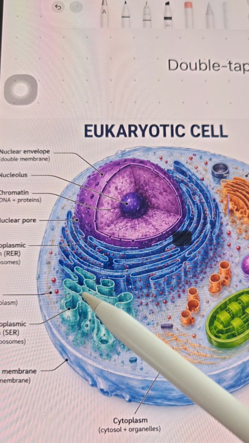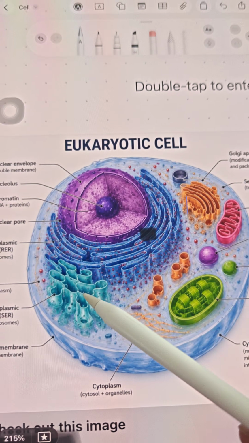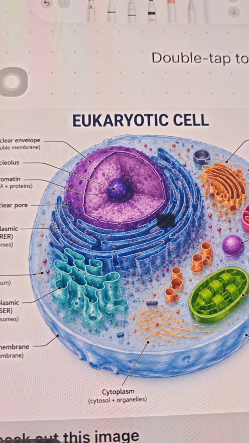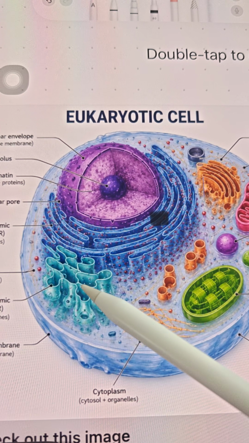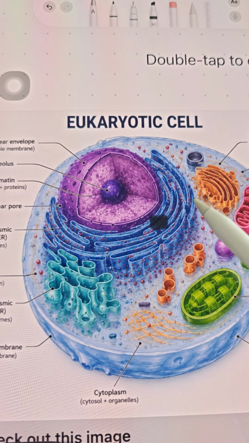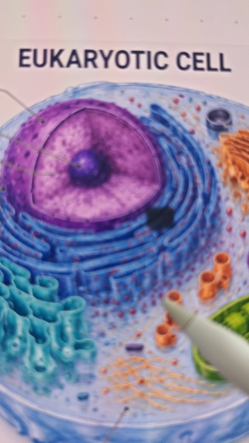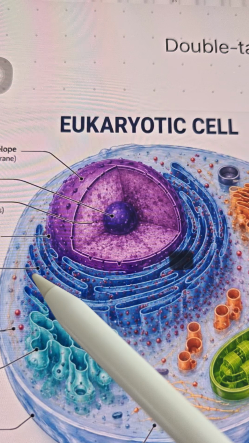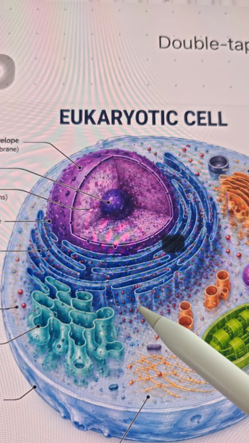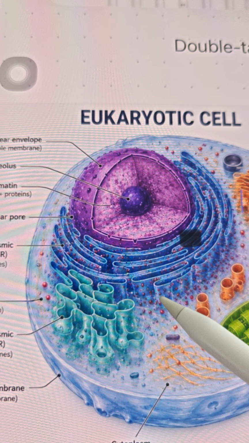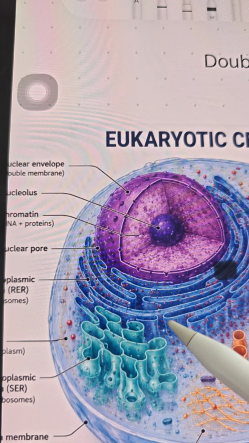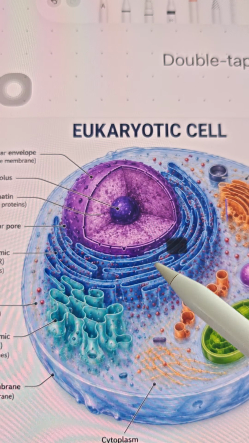Why is it called smooth? Because in the smooth endoplasmic reticulum there are no ribosomes on the surface, while the one near the nucleus has small rounded bodies on its surface, which are called ribosomes. These ribosomes are present here and even suspended in the cytoplasm. Ribosomes are the factory of protein synthesis, we can say.